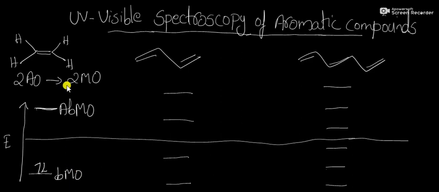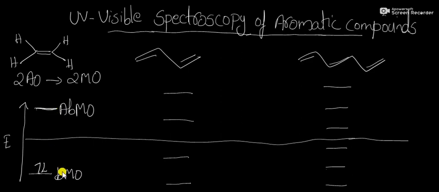We know that the ethene molecule has two pi molecular orbitals, one bonding and another anti-bonding, and the two pi electrons are filled in the bonding molecular orbital, which has lower energy than the anti-bonding molecular orbital.